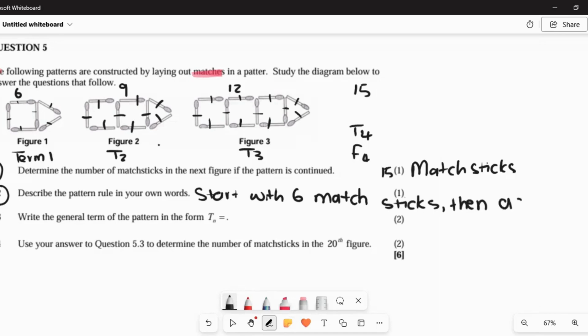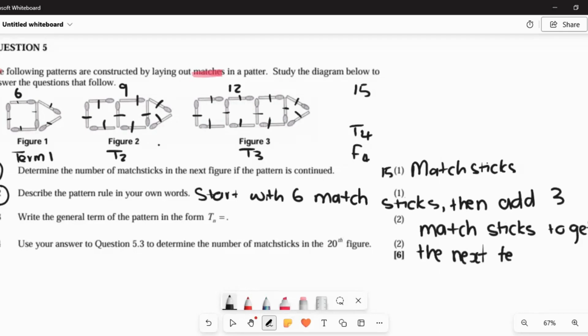Then add 3 match sticks to get the next term, right? That's what we did. We added just 3 to get the next term.